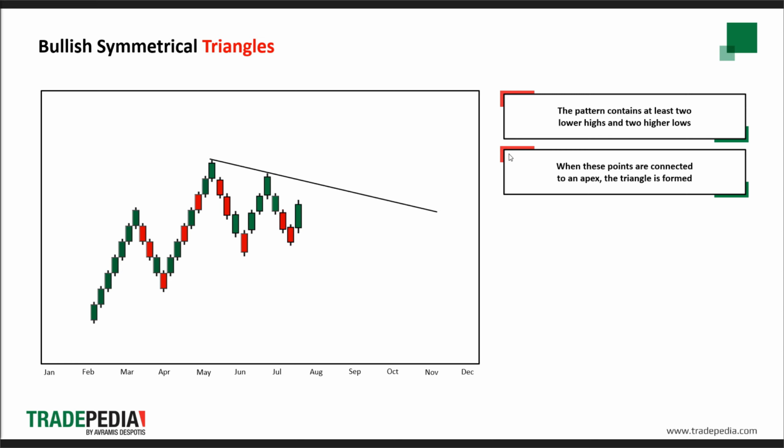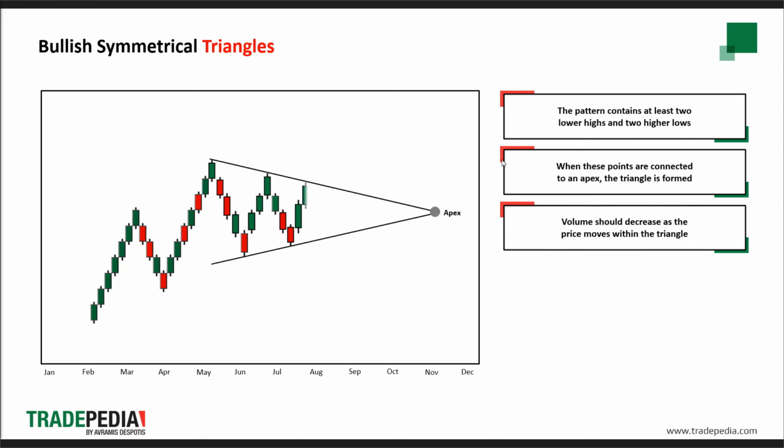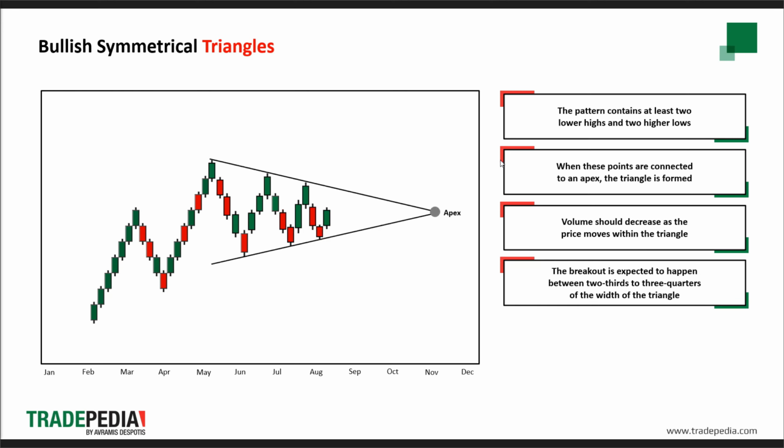Next we will be looking at the bullish symmetrical triangle. Remember just now we talked about the symmetrical triangle, where the price comes into this triangle channel to do a consolidation. This pattern contains at least 2 lower highs and 2 higher lows.